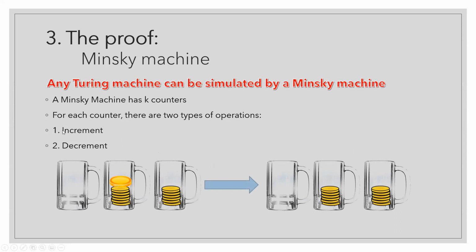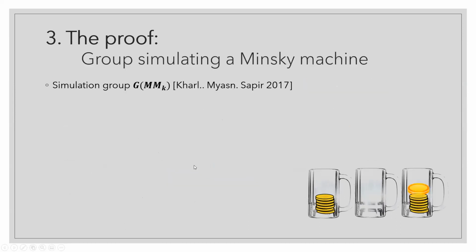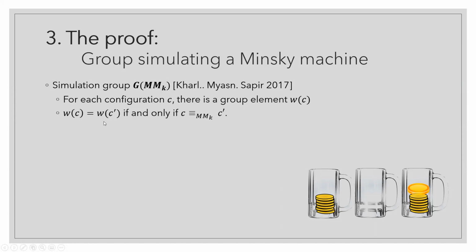So we can simulate a Minsky machine in a group developed by Harlan-Povich, Myasnikov, and Sapir. In this group, there's a group element or word W of C for each configuration of the Minsky machine. This configuration basically tells us which state the machine is in and how many coins are in each of the glasses.